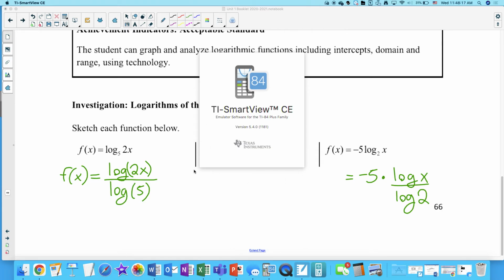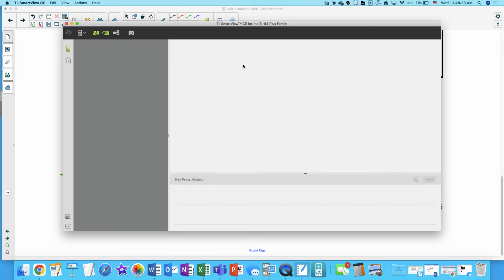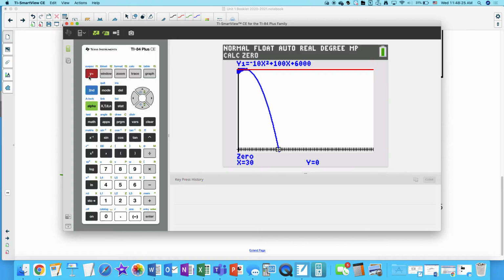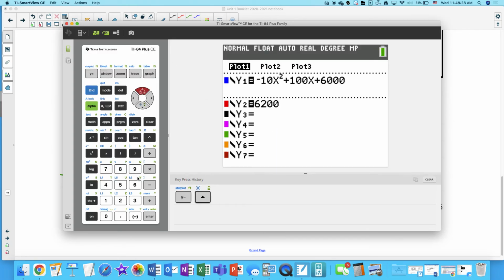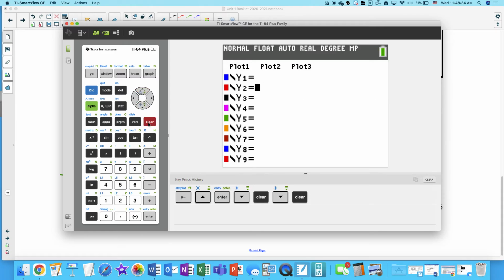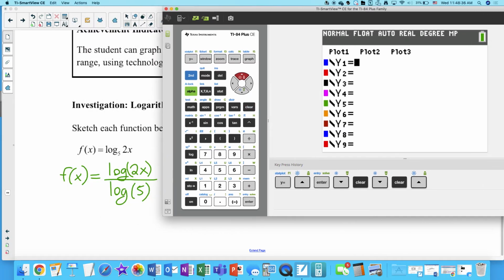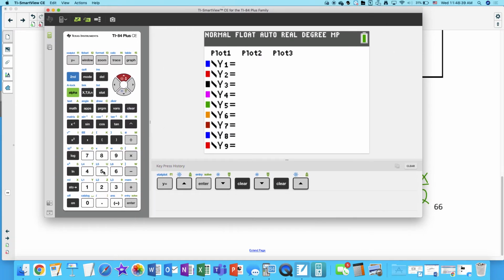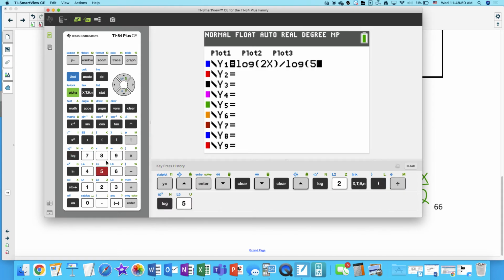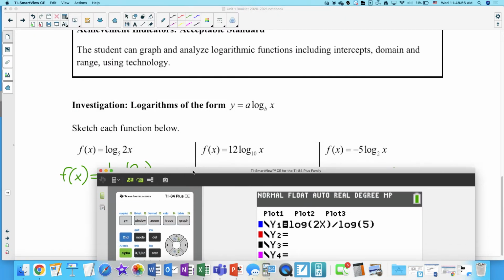Waiting for this to open. All right, so here we go. I'm going to turn off my plot, and I'm going to clear this and clear this. So the first one was log of 2x divided by the log of 5. The second one was just 12 times the log of x.